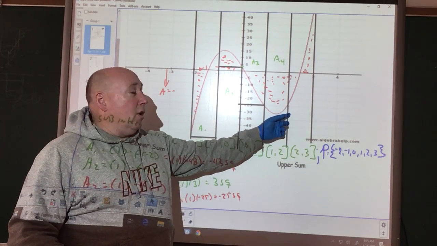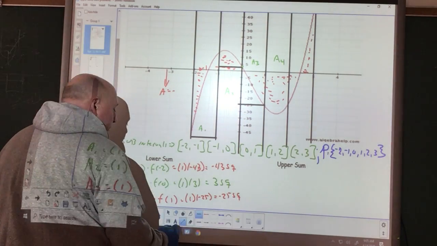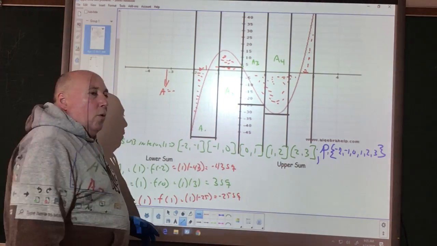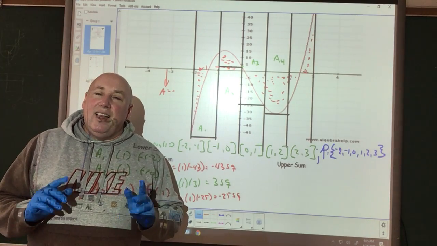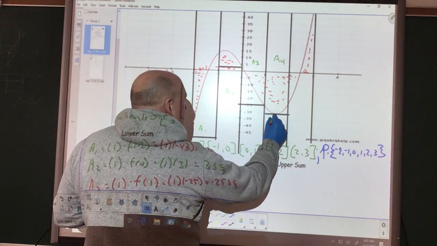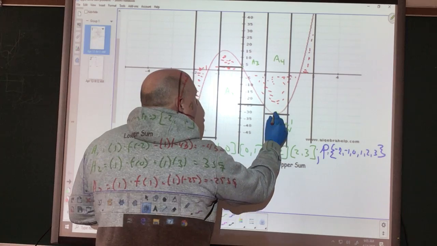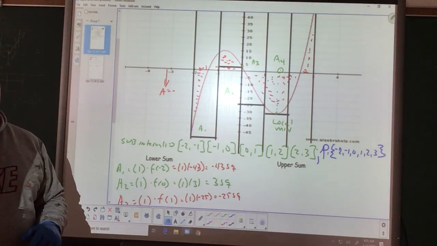Where I have to draw so it's entirely below the graph is at this bottom value, which, if you remember, what do we call that value? That was a local minimum. And I need to know what is my function value at this local minimum.